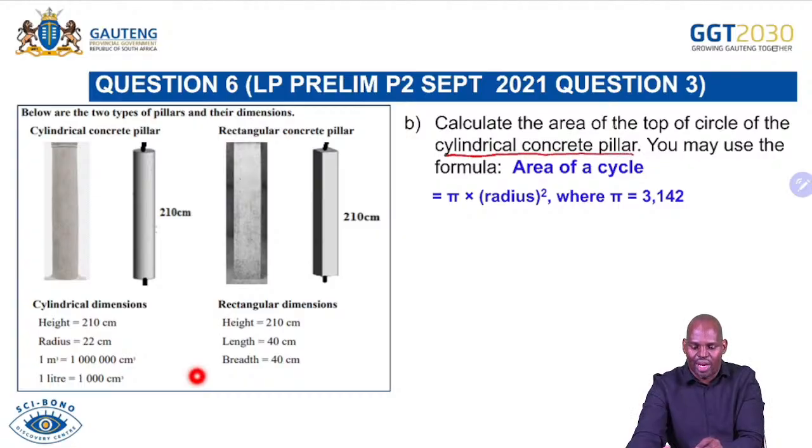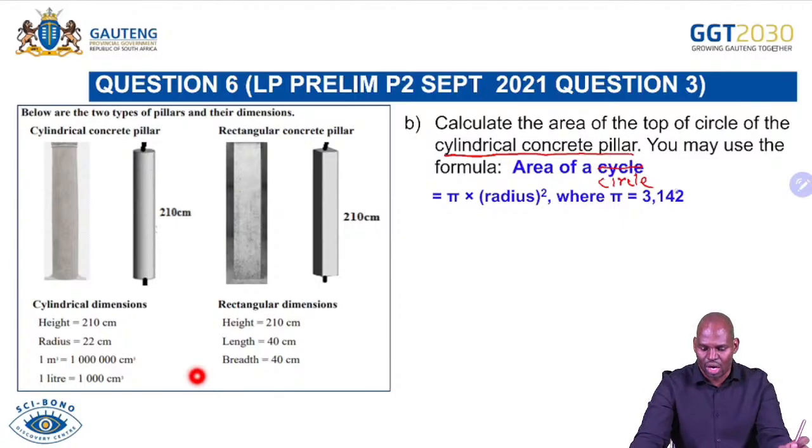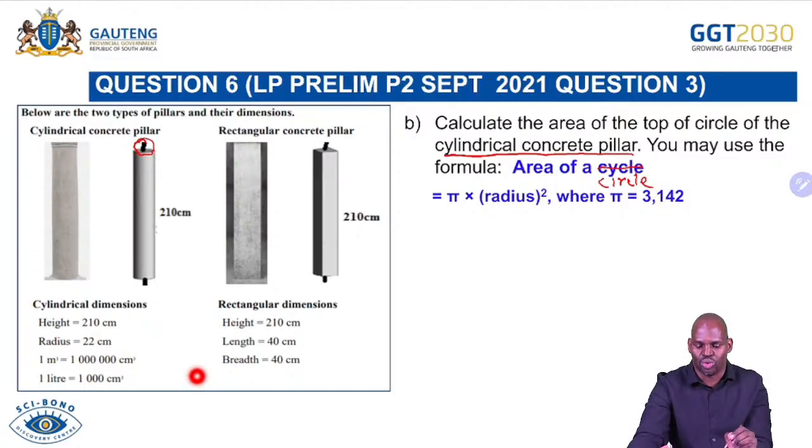They say you may use the formula area of a circle, then the formula is pi multiplied by radius squared, where pi is 3,142. So there we've got a circle, then we need to calculate the area. It's just like calculating the area of any circle.